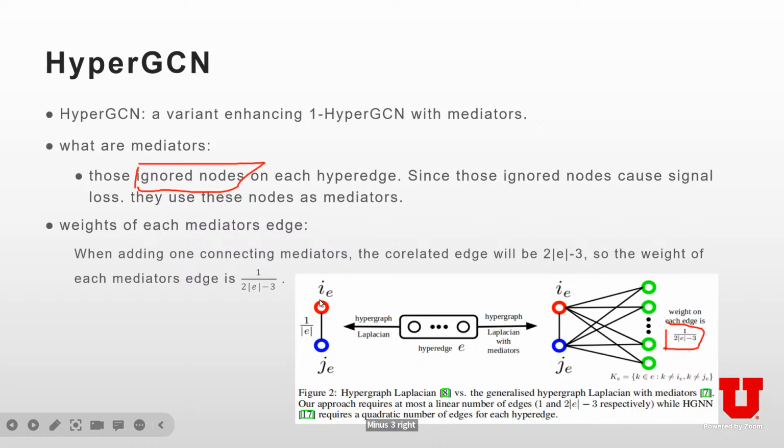Yeah, this is not using mediators, and this is using mediators. But using mediators for IE and JE, you still use the weight 1 over size E, right? Yeah. It kind of uses the old hyperedge weights and adds this one.